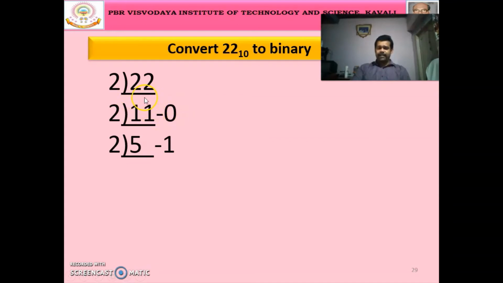Again, we are dividing this 11 by 2. We will be getting 5 as the quotient and 1 as the remainder. Again, we are dividing 5 by 2. We will be getting 2 as the quotient and 1 as the remainder. Again, we are dividing 2 by 2 and we are getting 1 as the quotient and 0 as a remainder.